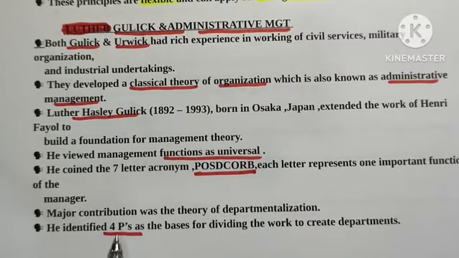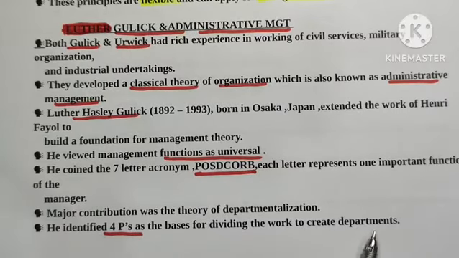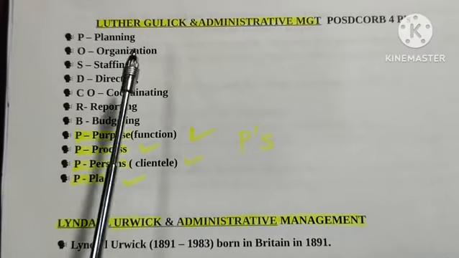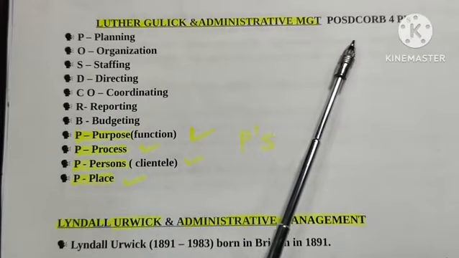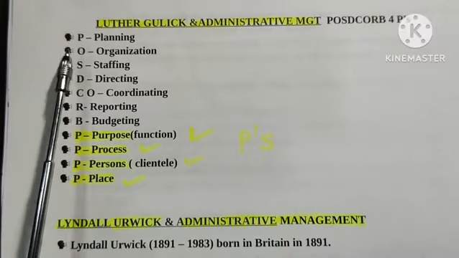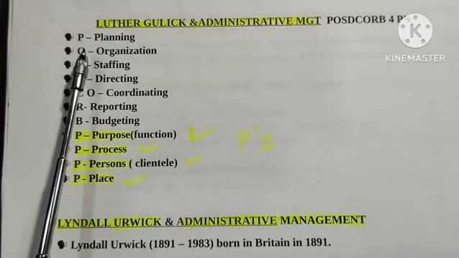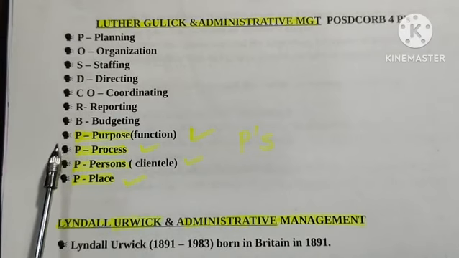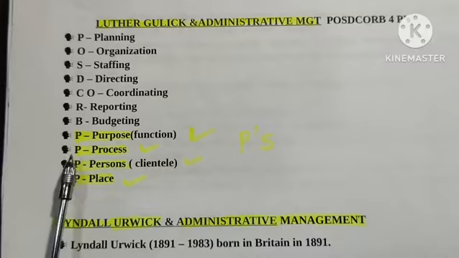He identified 4 P's as the basis for dividing the work to create departments. According to Luther Gulick's administrative management, you can see POSDCORB: planning, organization, staffing, directing, coordinating, reporting, budgeting. And other 4 P's are also added.